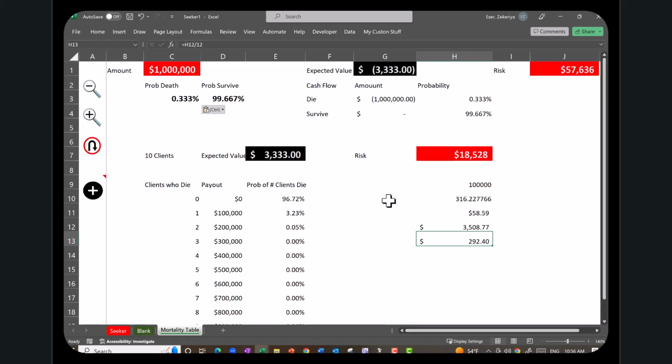And it's very simple. Drawing a random variable from a normal distribution is very simple. You do NORM.S.INV of RAND. That's a draw from the standard normal distribution.